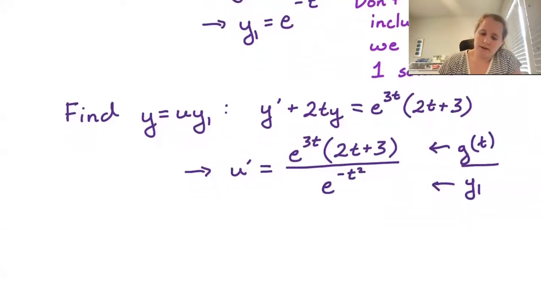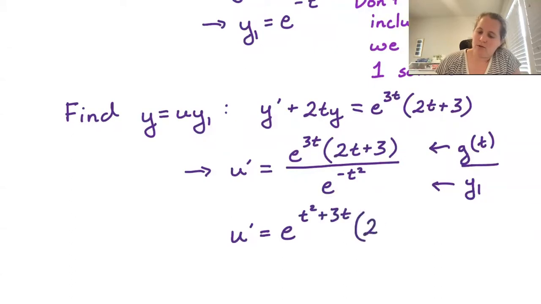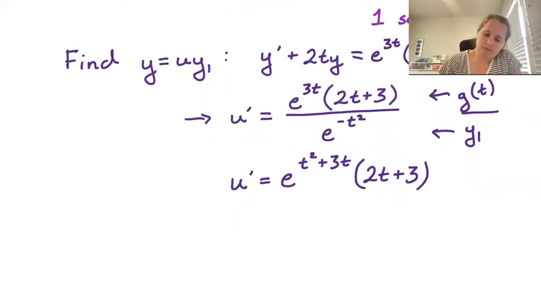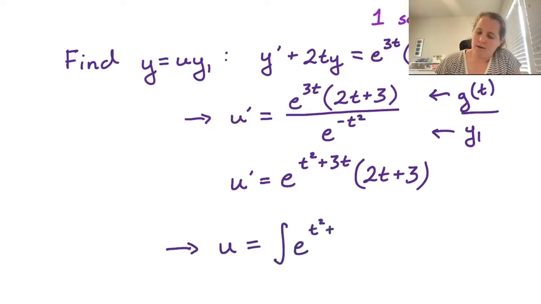And rearranging, this is u prime equal to e to the t squared plus 3t times 2t plus 3. So at this point, we can go ahead and do our integration. So we have that u must be equal to the integral of e to the t squared plus 3t times 2t plus 3 dt.